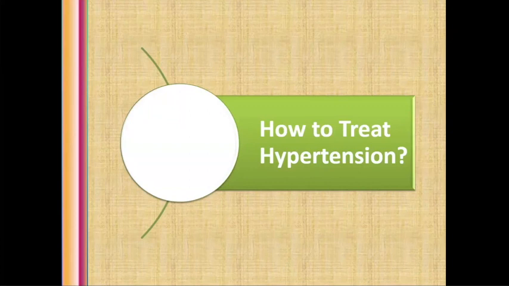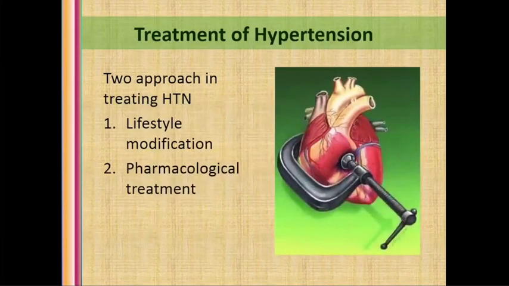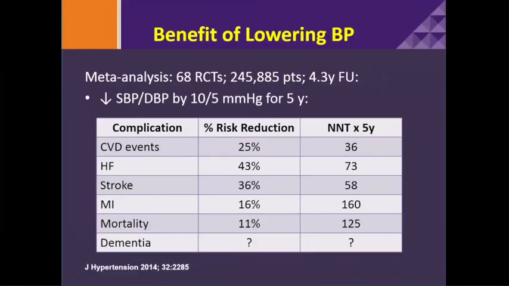Now we are going to see how we can treat hypertension. Very simple. There are two approaches. Lifestyle modification, sometimes we call it TLC, therapeutic lifestyle changes. And then another one is pharmacological treatment.